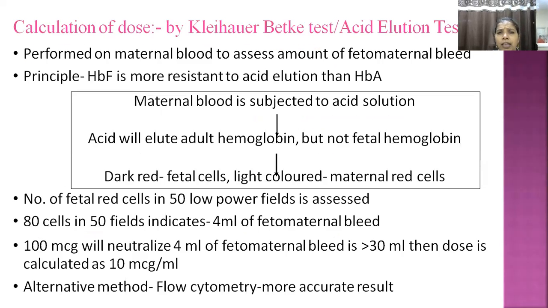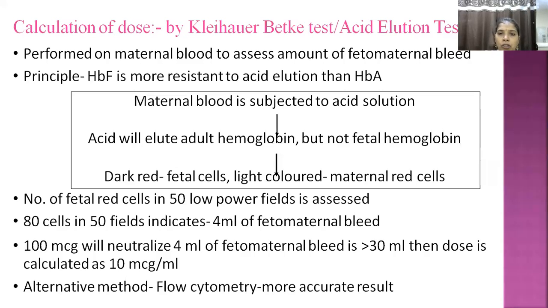The Kleihauer-Betke test, another name being the acid elution test, is performed on maternal blood to assess the amount of fetal-maternal blood transfusion. The principle is that hemoglobin F, that is fetal hemoglobin, is more resistant to acid elution than maternal hemoglobin, that is HbA.